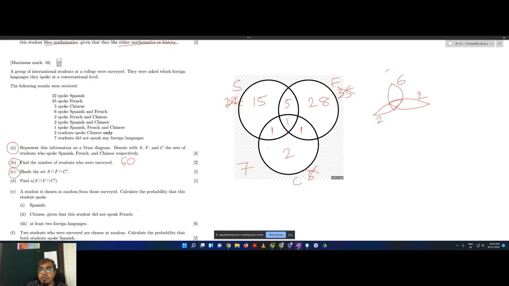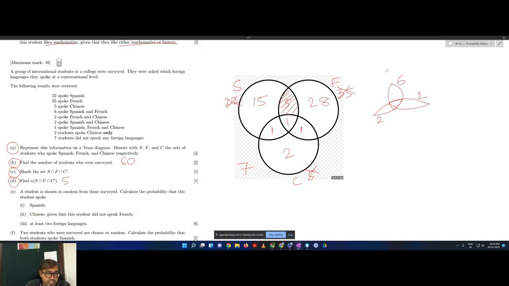So C prime, C complement, is anything outside C. So this is the region which we are looking at. Now how many students are there? So next question is, what is the number of elements in this set? It's evident here, which is 5. So we have shaded and we have written down the number here.